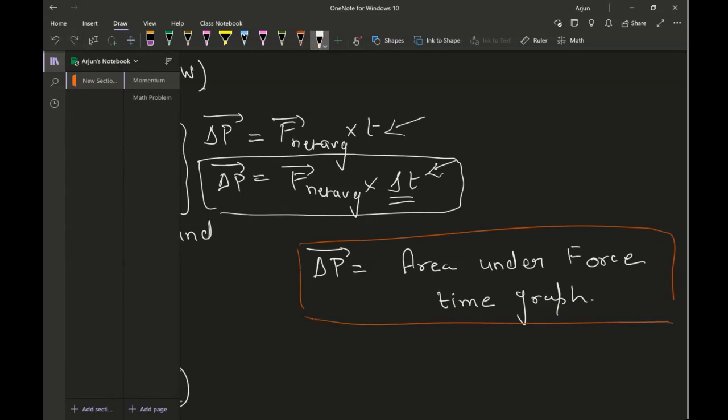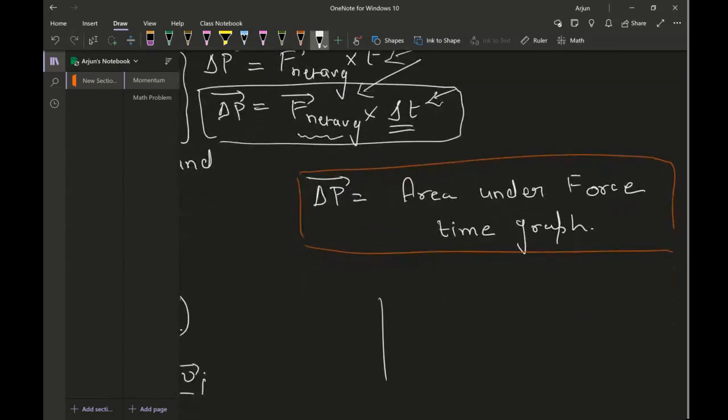Because in the previous one there is a constraint that it is only talking about the net force. So if I try to draw the area under the force time graph for this formula, I must draw the average force, a horizontal line, and if it is happening over this span of time, this will be delta t.